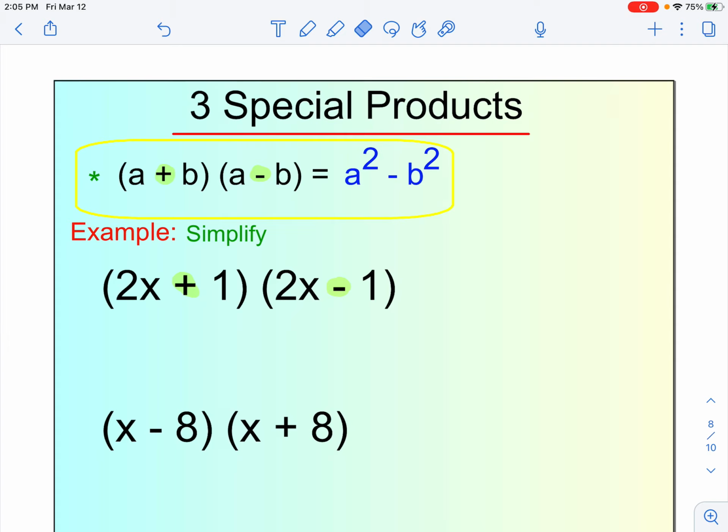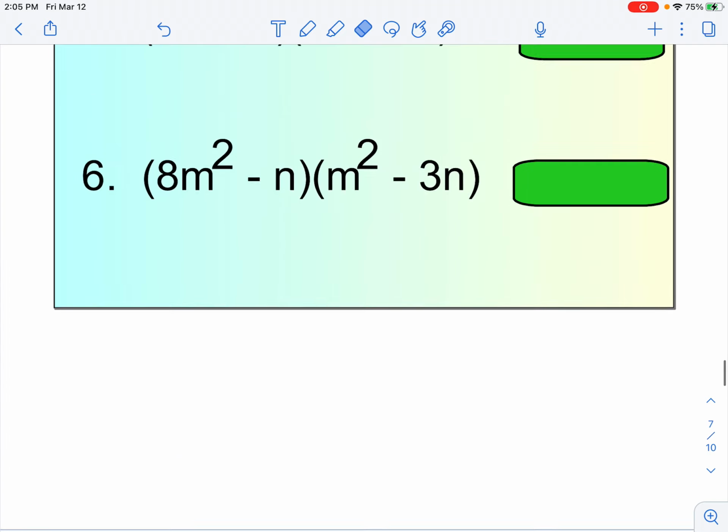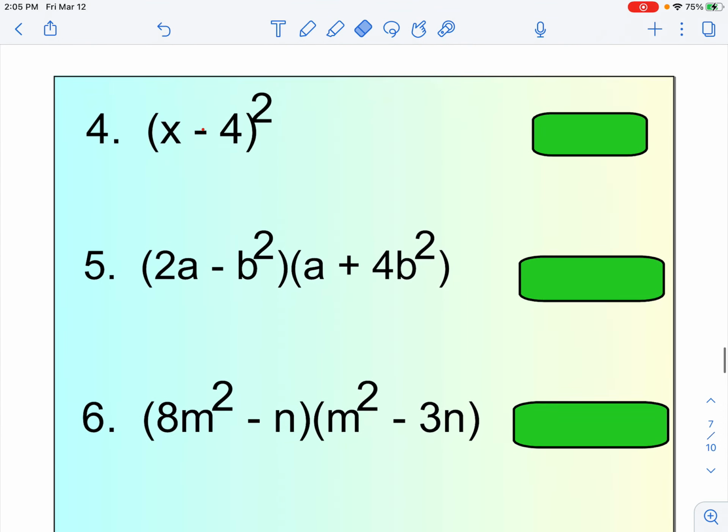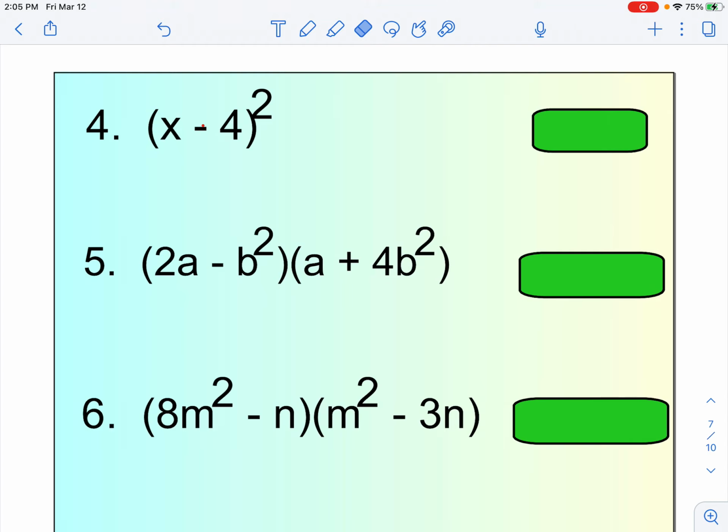And again, I'm not expecting you to memorize that special product, but you need to know that it can happen. You might not always get 3 terms at the end. So here are a bunch more examples. So let's go ahead and try a little bit more complicated one.